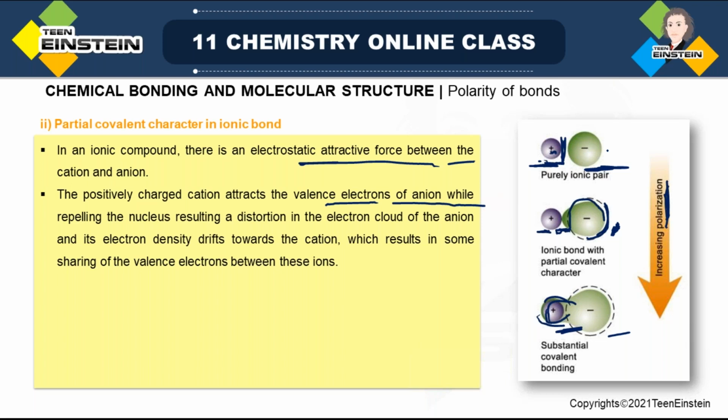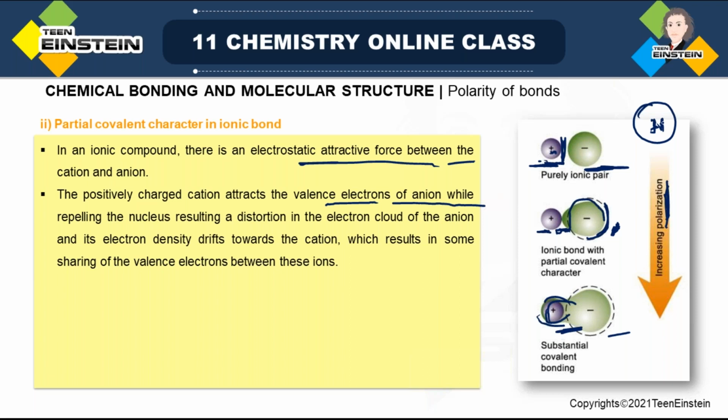It is not the positive nucleus center. But individually, if you consider any atom, in the center there is a nucleus. I am writing N here, so that you will not be confused with the positive charge. N means nucleus, and in the nucleus there are protons, so there is positive charge.